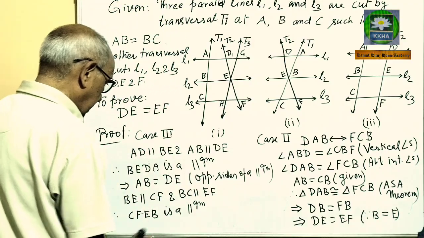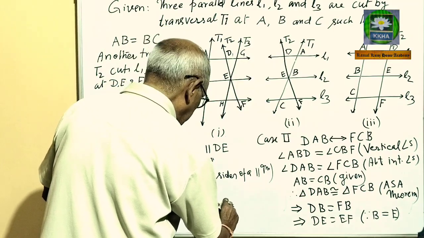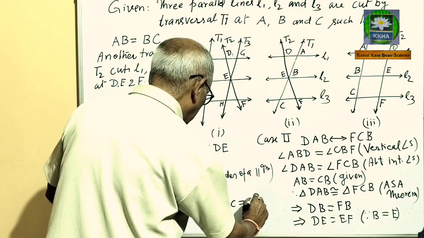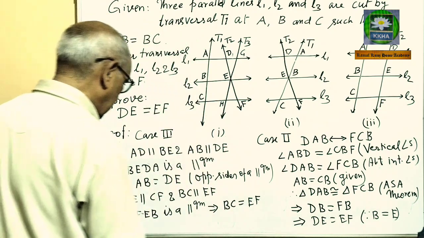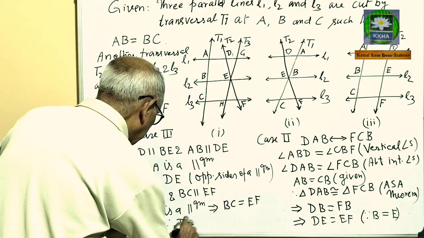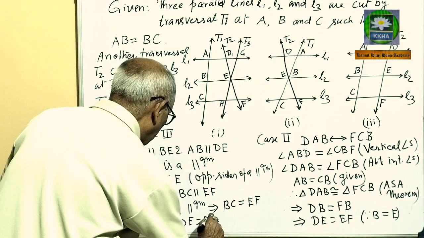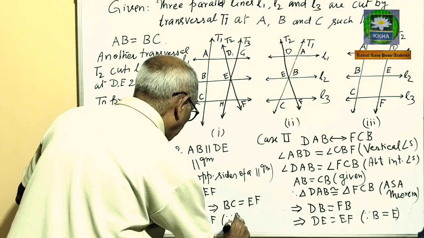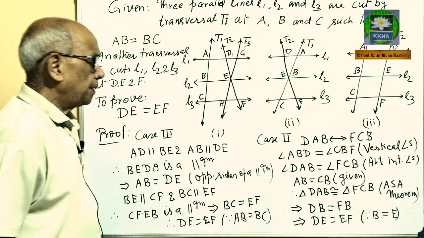This implies that BC equal to EF. Therefore, DE is equal to EF, since AB equal to BC is given.